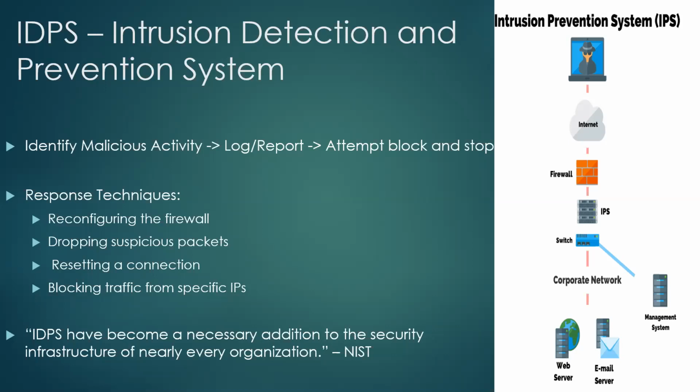In the diagram, you can see that an IDPS would be deployed near an entry point of a network, similar to an NIDS. This would ensure that as soon as malicious activity is discovered, the IDPS can act, hopefully before it gets within the network.